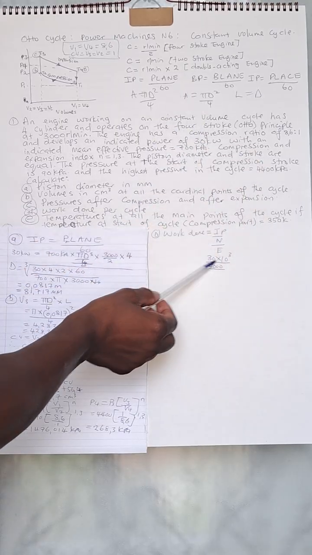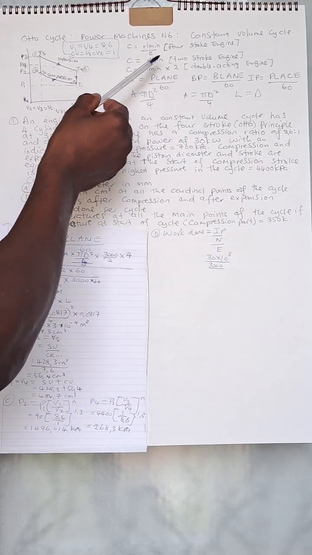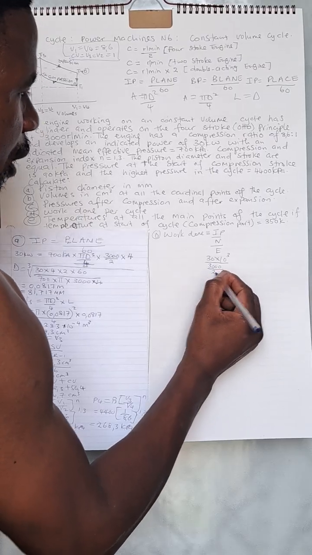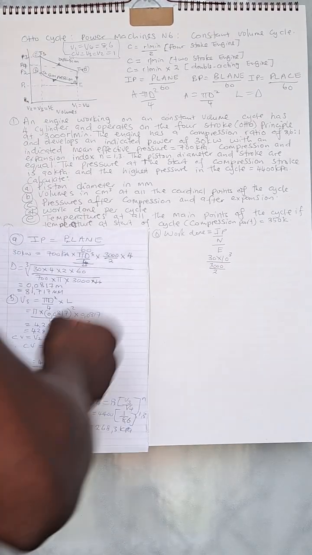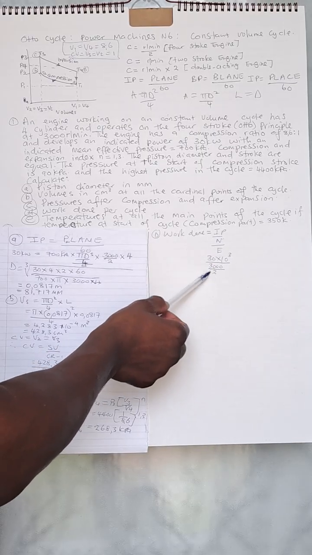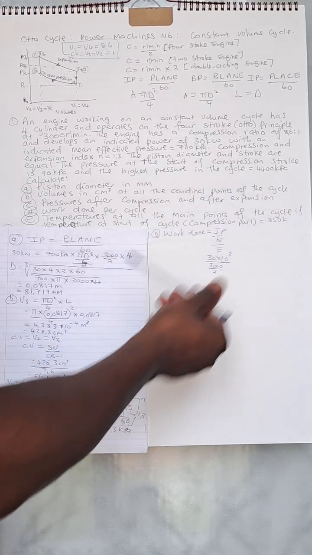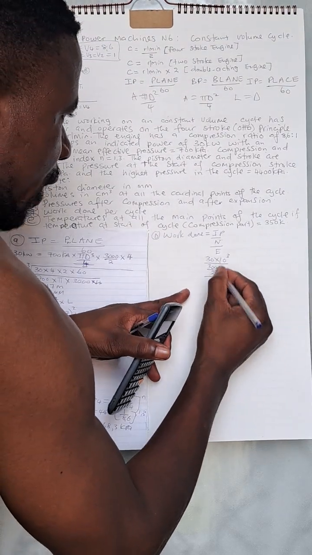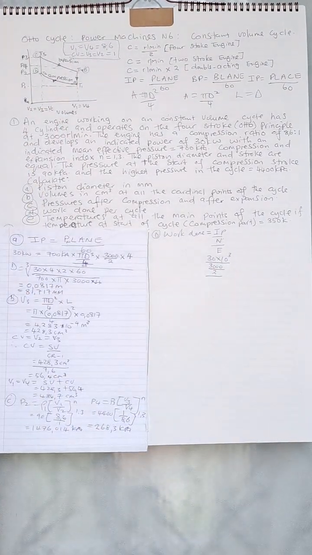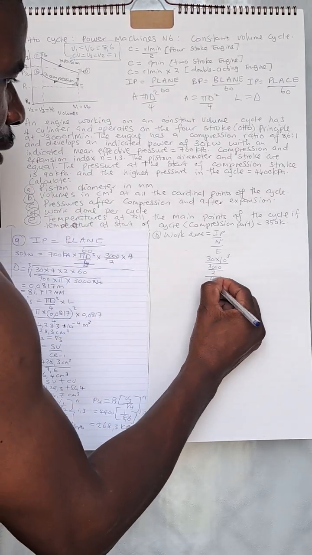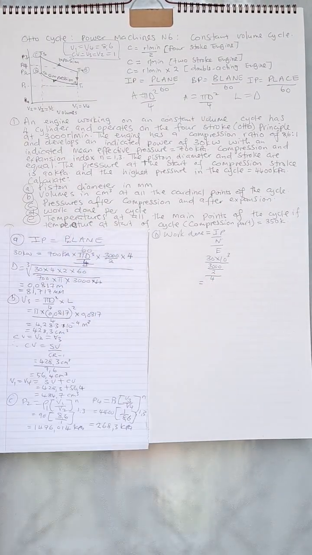Therefore, we need to reduce our speed to the number of firing strokes, so we divide it by 2. In other words, we could have just substituted 1,500 here, but whichever way, it is the same thing. And then you divide by our E, the number of cylinders, which is 4.